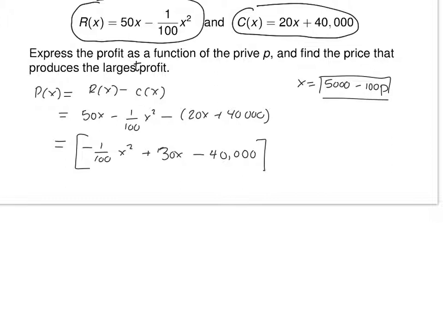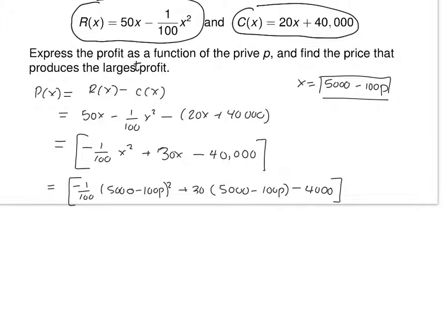So negative 1 over 100 times 5,000 minus 100p squared plus 30 times 5,000 minus 100p minus 40,000. Now, simplifying that's going to be a pain.